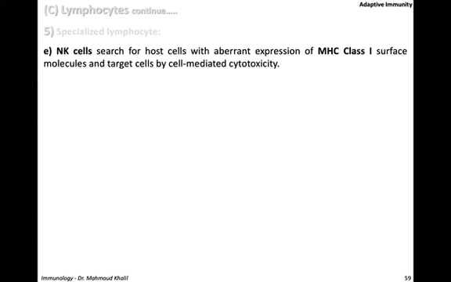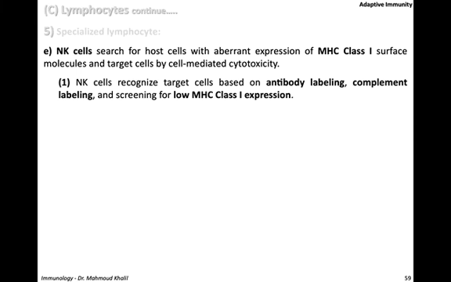These NK cells search for hosts that have MHC class 1, because as we said before, MHC class 1 is represented on almost all nucleated cells. So if there is abnormal expression of MHC class 1, it gets identified by NK cells, and these NK cells start to do cell-mediated cytotoxicity toward these kinds of cells.